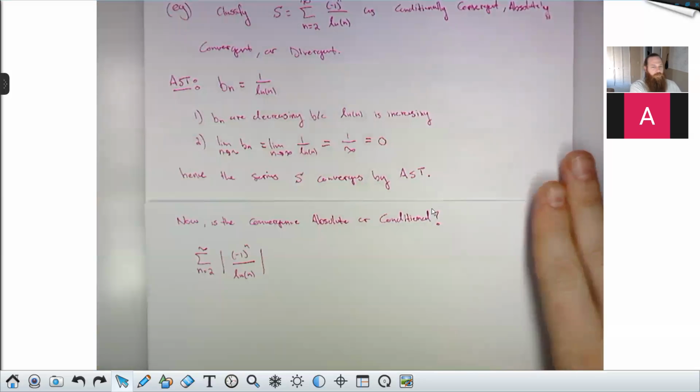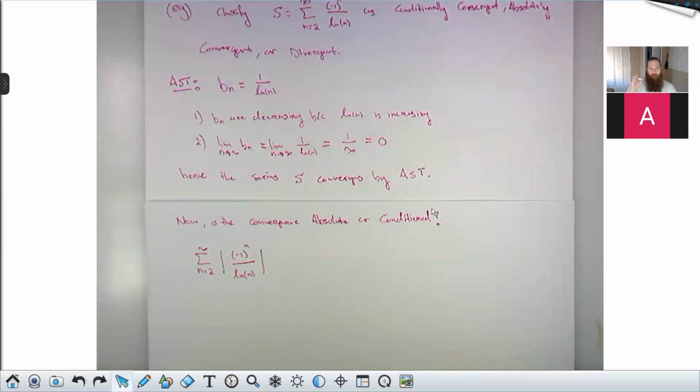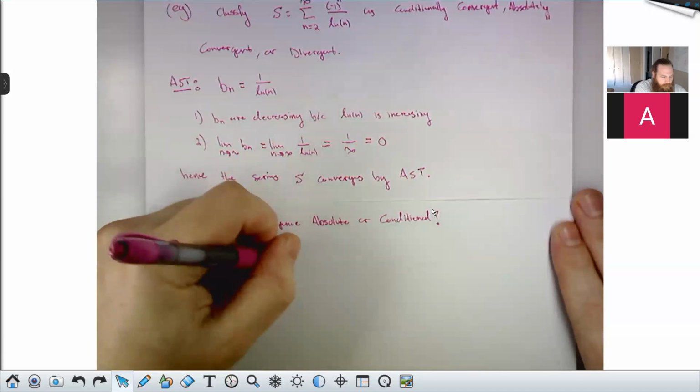Now we have to take the absolute value of everything inside. We can't take absolute values of just one piece. But the absolute value function plays very nice with multiplication and division.